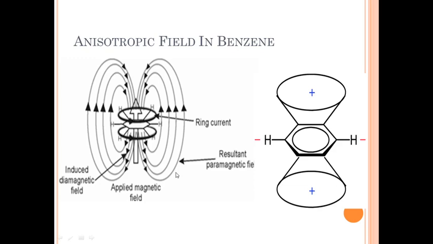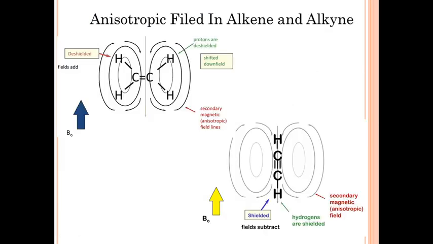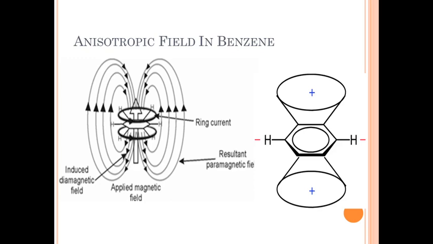This region is the de-shielded region because that particular proton experiences effective magnetic field which is more. So in this case, the protons which lie outside of this region means they lie in the paramagnetic region. That's why they are de-shielded.